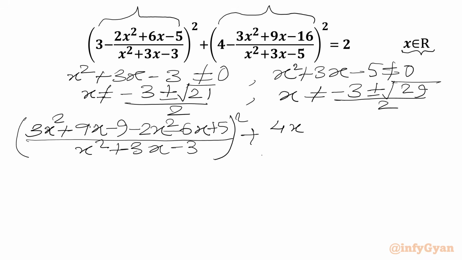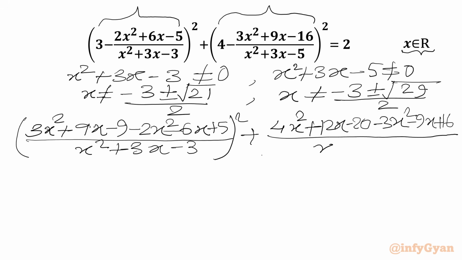So 4x square plus 12x minus 20 minus 3x square minus 9x plus 16 over denominator x square plus 3x minus 5, we have whole square. RHS equal to 2.